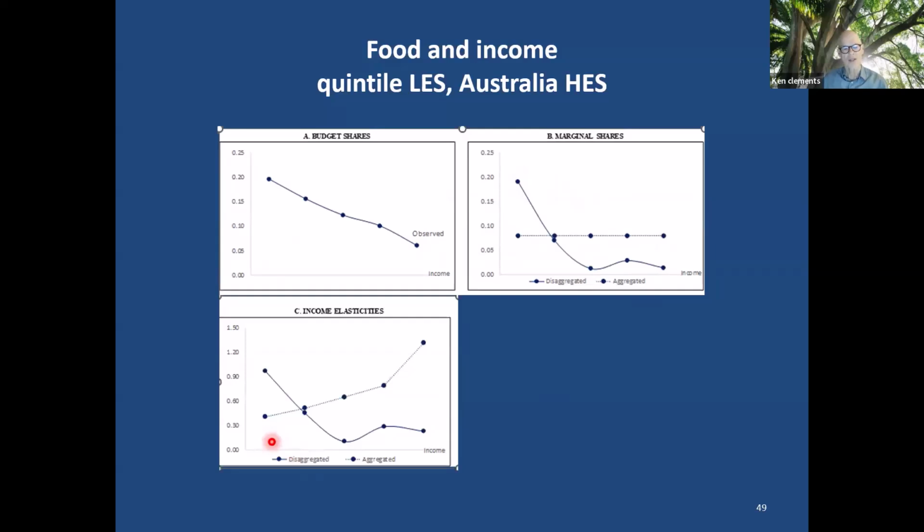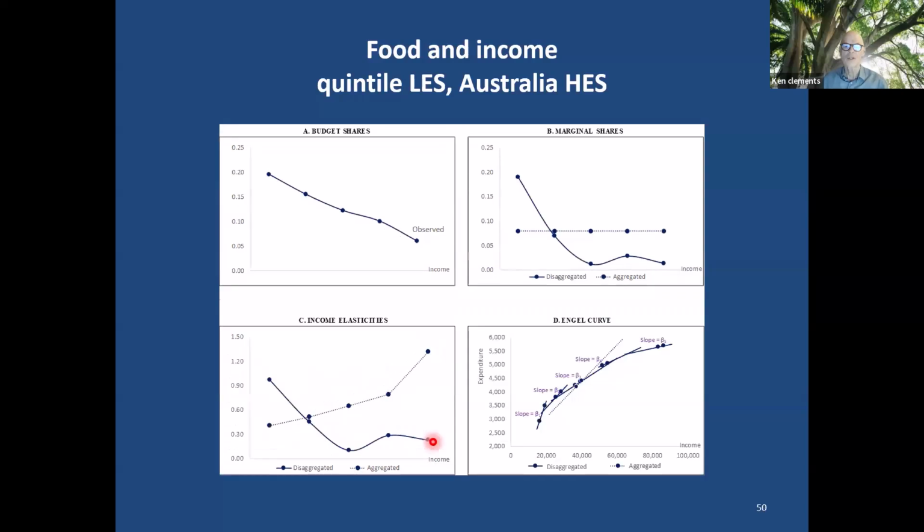So the income elasticity for LES, when we have the same expenditure system for all consumers, the income elasticity of demand for food increases, and in fact it ends up above unity. It's no longer a necessity for rich Australian consumers, whereas if we use quintiles, it slopes down and gets smaller by and large as income increases.